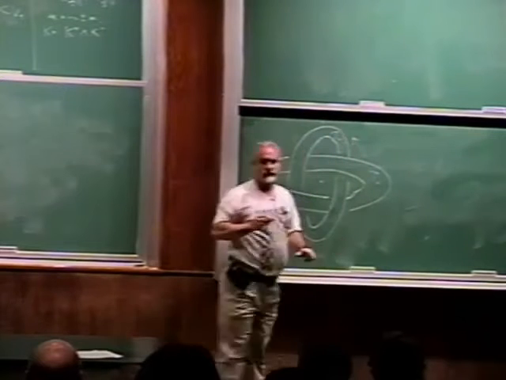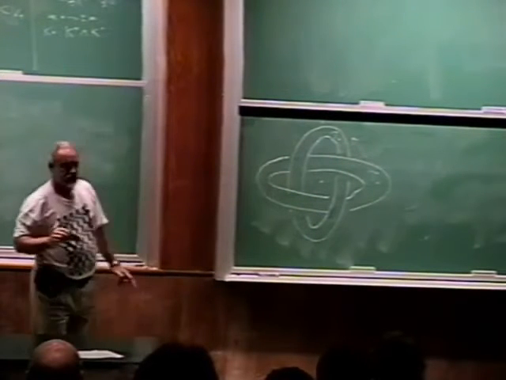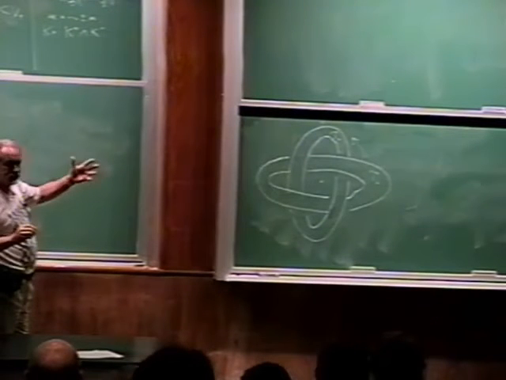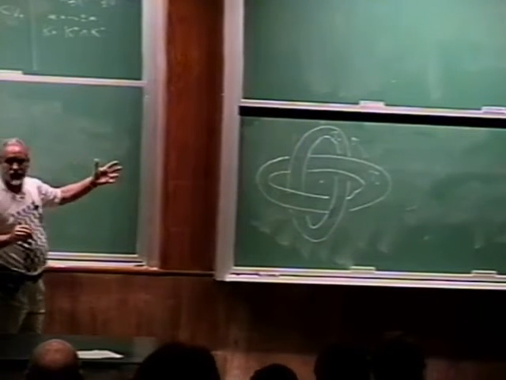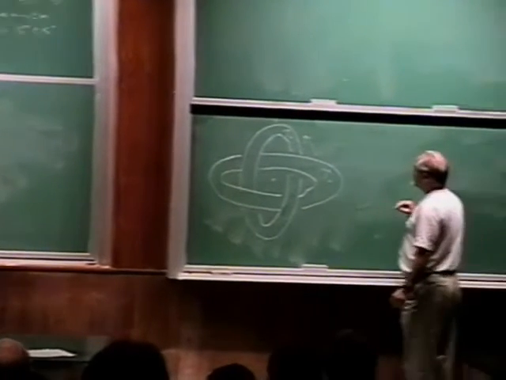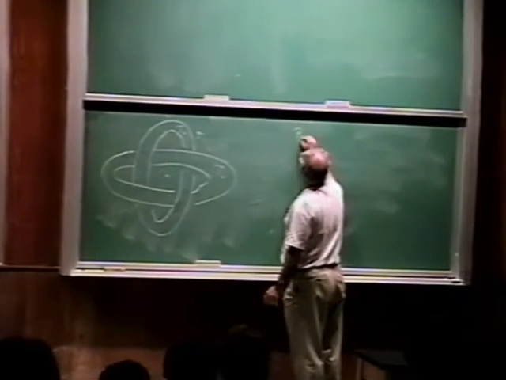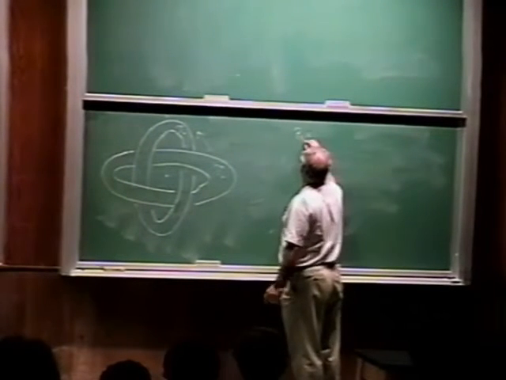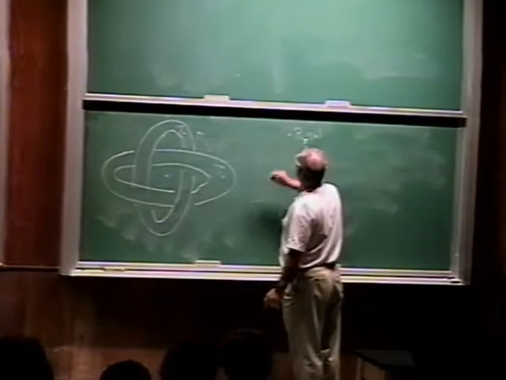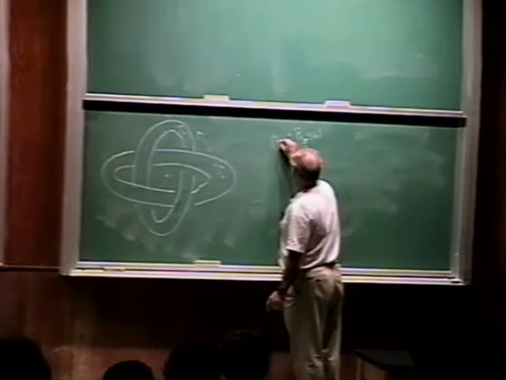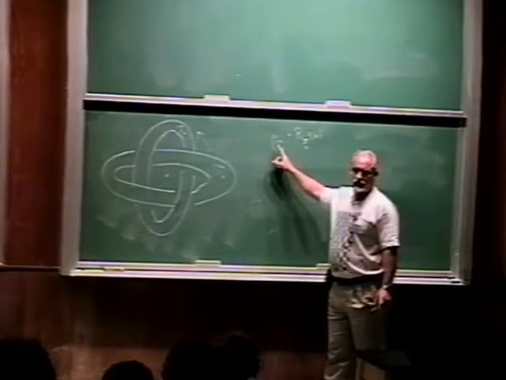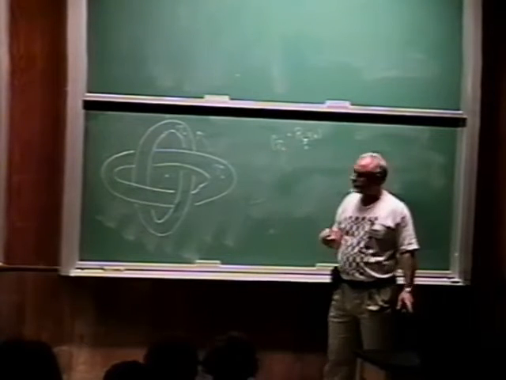Now, I want to manufacture the following map for the picture here. The map in question is first rotation by pi over 2 around the z-axis, composed with reflection with respect to T0. Now we have to understand carefully what I mean by reflection with respect to T0.